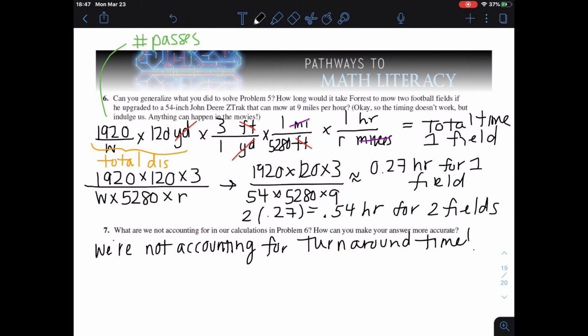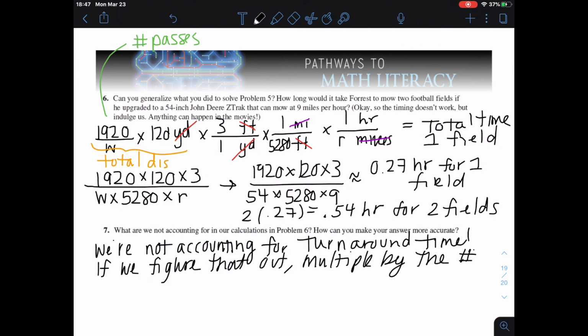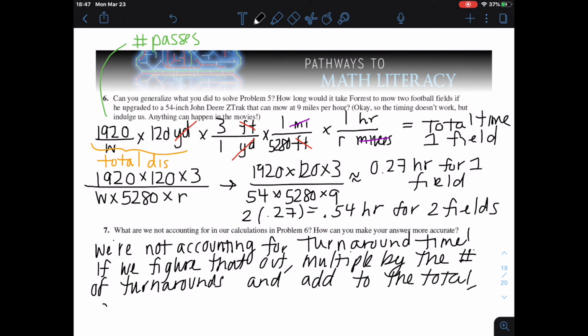To make it more accurate, if we figure that out, multiply by the number of turnarounds, and add it to the total, our answer would be more accurate.